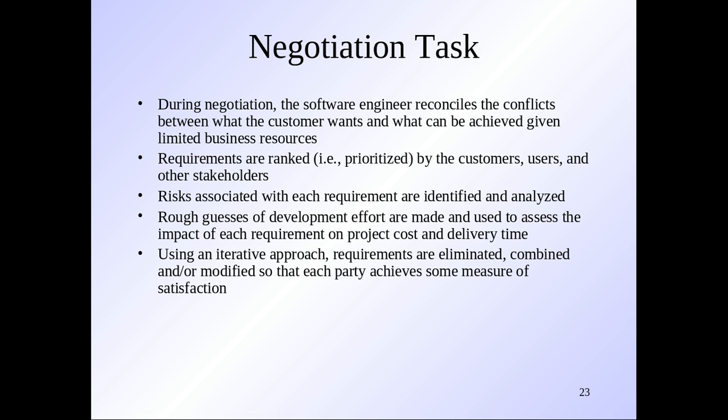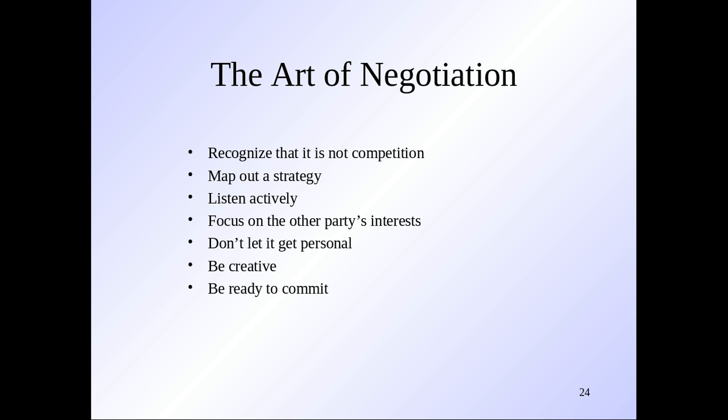Using an iterative approach, requirements will be eliminated, combined or modified so each party gets some measure of satisfaction. In negotiation the customer and stakeholders discuss the rank of requirements, decide the priority, decide the risk, and finalize the project cost, and the impact of the above issues will be on project cost and delivery date. Okay, so all these are points that must be defined.